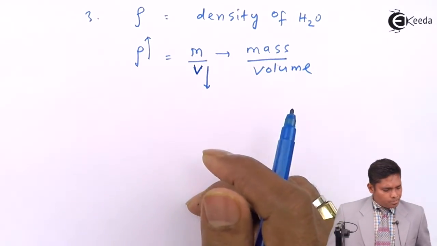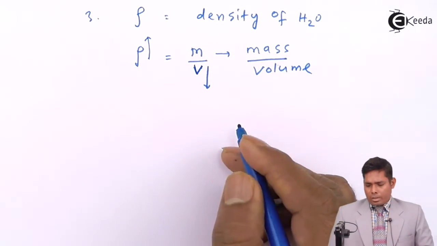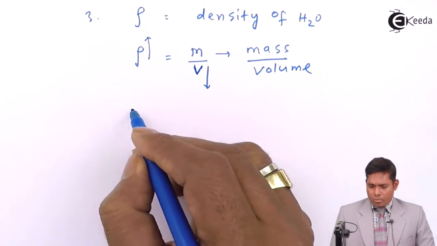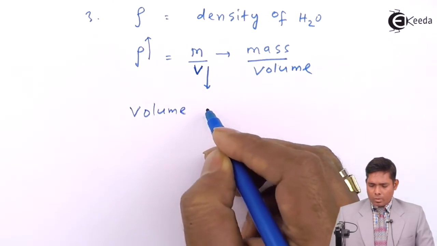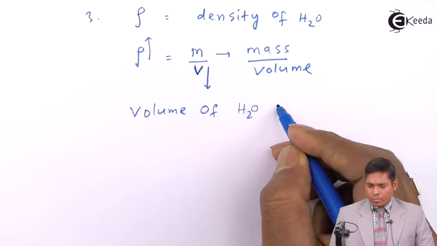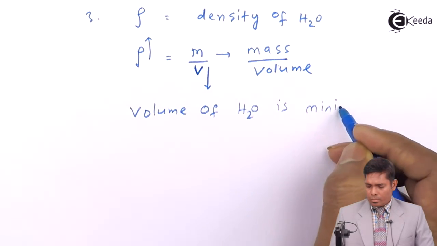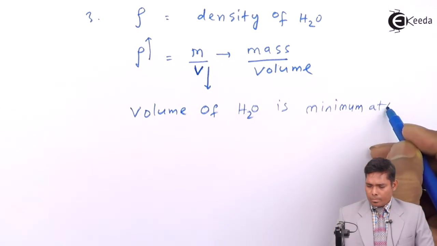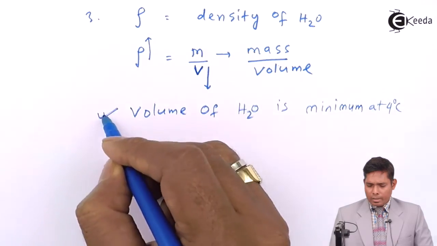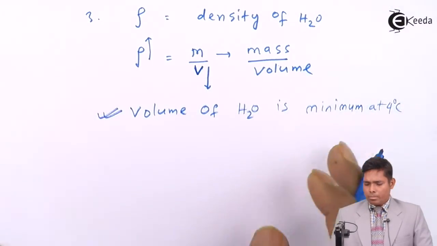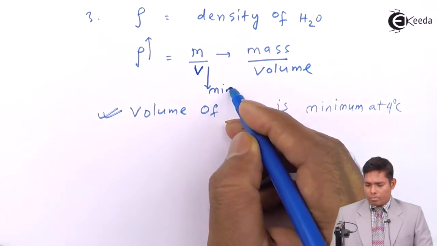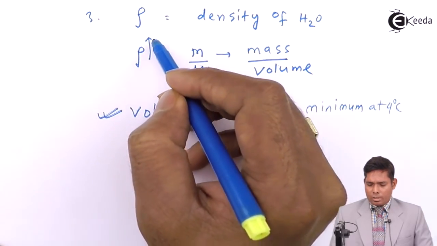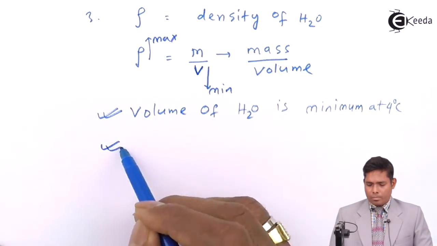That means its volume is minimum at 4 degrees centigrade. So the volume is minimum, and therefore the density is maximum.